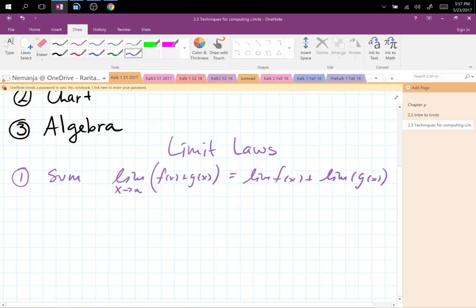So what this says is that you can separate the limits and compute each one independently. And you have the same thing for difference.